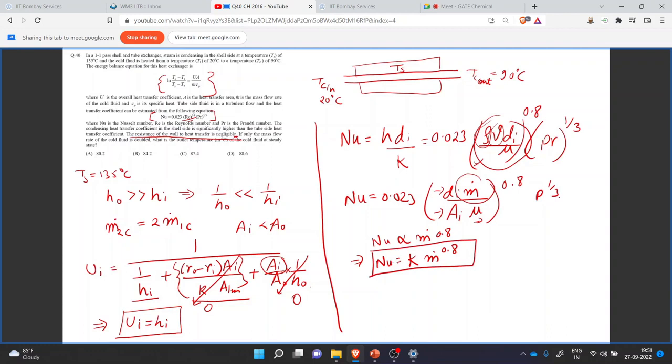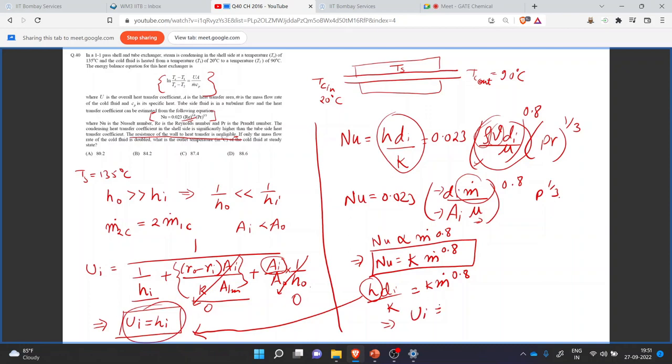And then we can use this Nusselt number as h Di by k and write it as h Di upon k equal to k times m dot raised to 0.8. Again, here we can replace this h by Ui, as we have found out from above. So that will give us Ui Di upon k equal to k times m dot raised to 0.8.